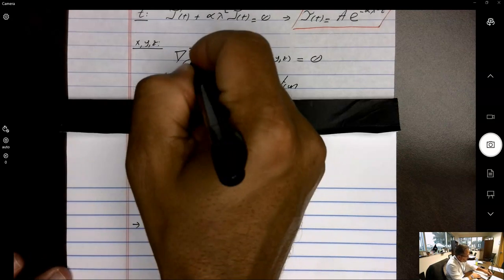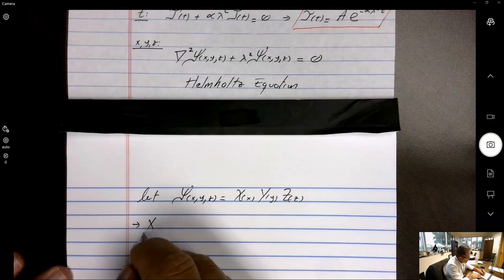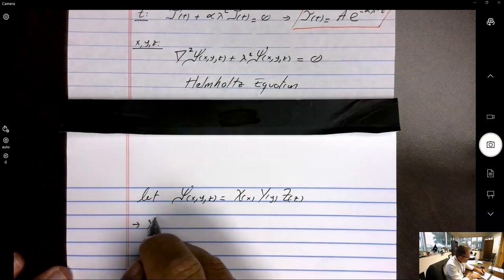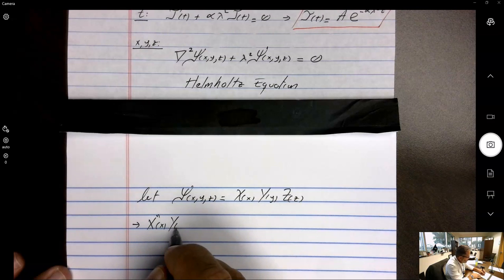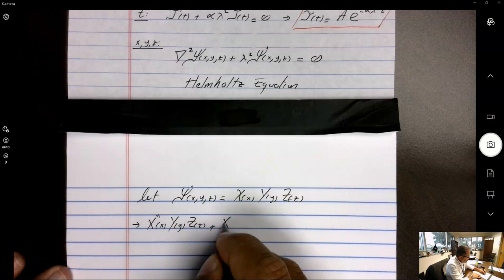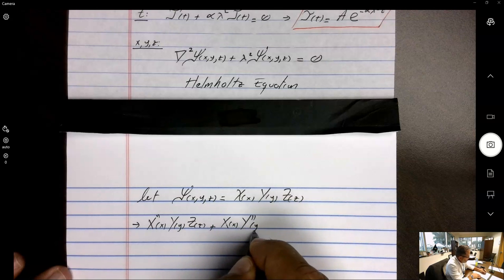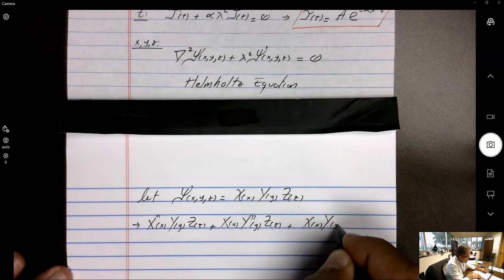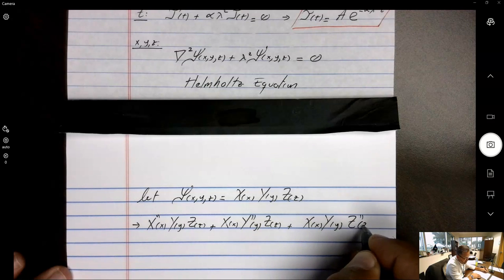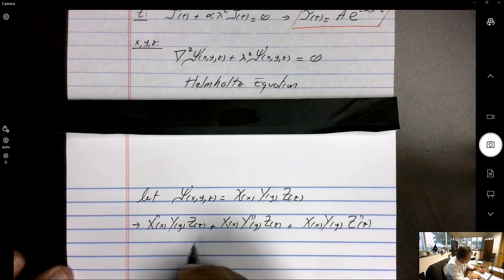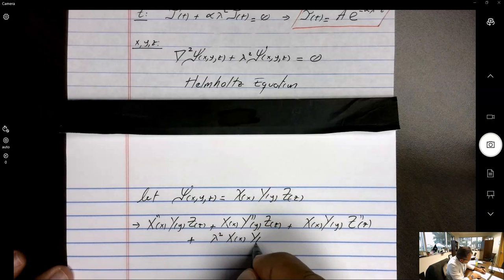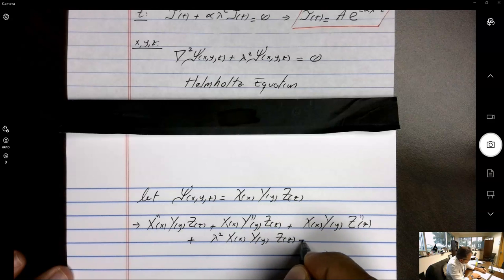If we plug this into the equation here, well, the Laplace is the second derivative with respect to x plus the second derivative with respect to y plus the second derivative with respect to z. So this will be X double prime of x, Y of y, Z of z, plus X of x, Y double prime of y, Z of z, plus X of x, Y of y, Z double prime of z, plus lambda square X of x, Y of y, Z of z should be equal to 0.